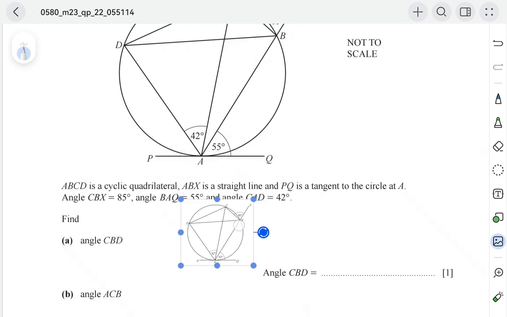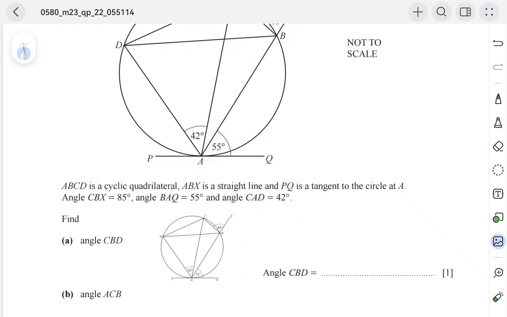It's always best to either draw on the diagram, or we can also draw separate sketches. For my sake, I've copied the image, but you can also just draw little sketches of the triangle to do the same. So angle CBD is this angle over here.